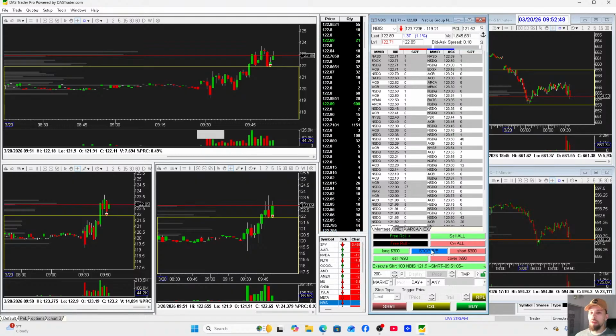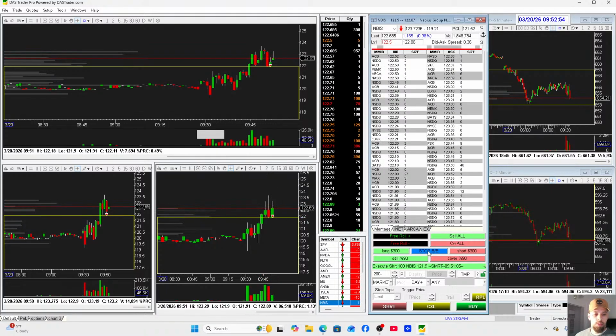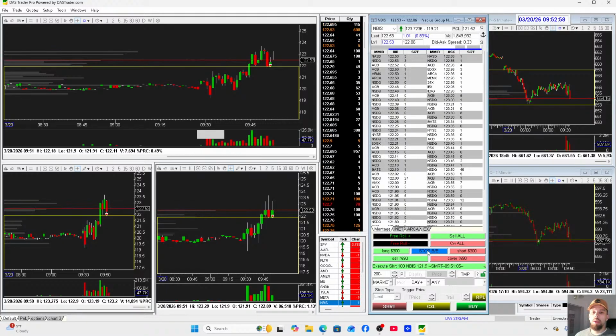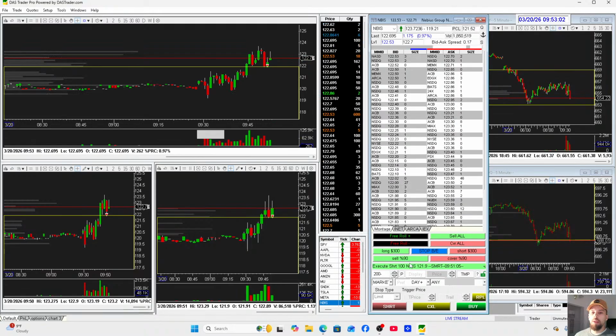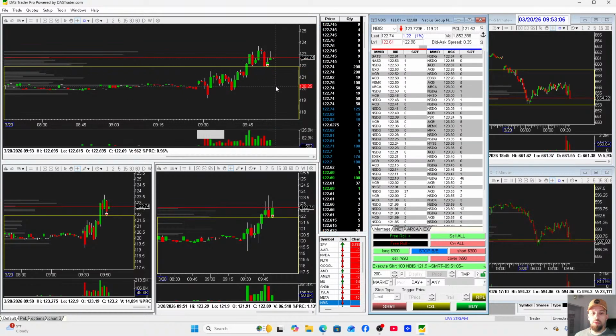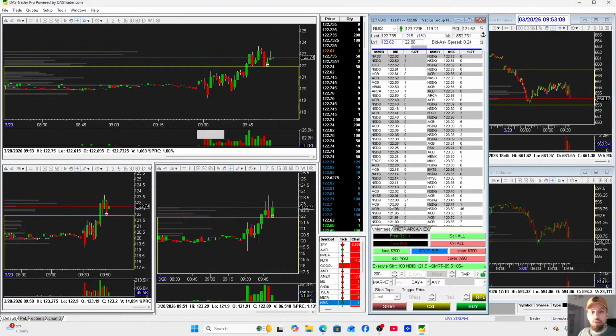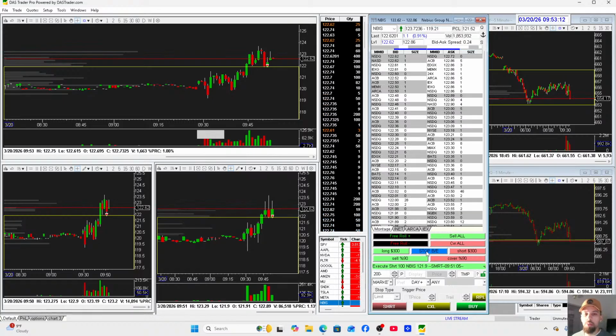The 5 minute candles looking very bullish. 3 minutes not in my favor. That candle's nice to see on the 1 minute. Volume's very average though, so it's not looking the best for me just yet.